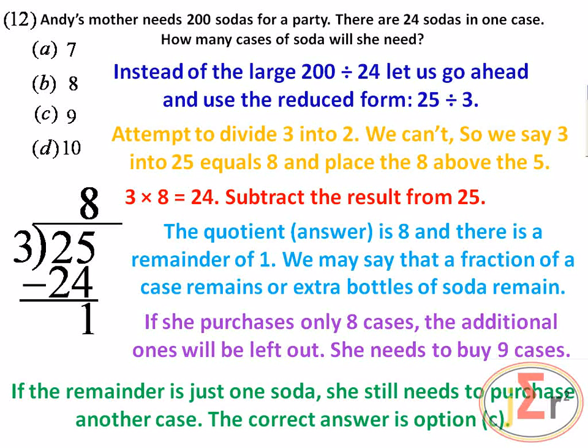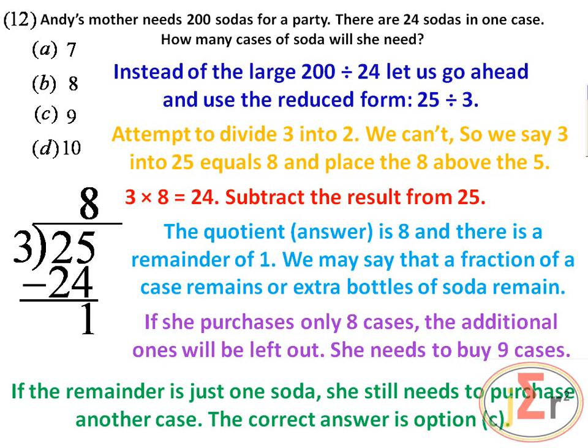If she's purchasing 200 sodas, she needs 200 sodas, with 24 in each case. We divide 200 by 24. When we do that, we get 8, and there are remainders.